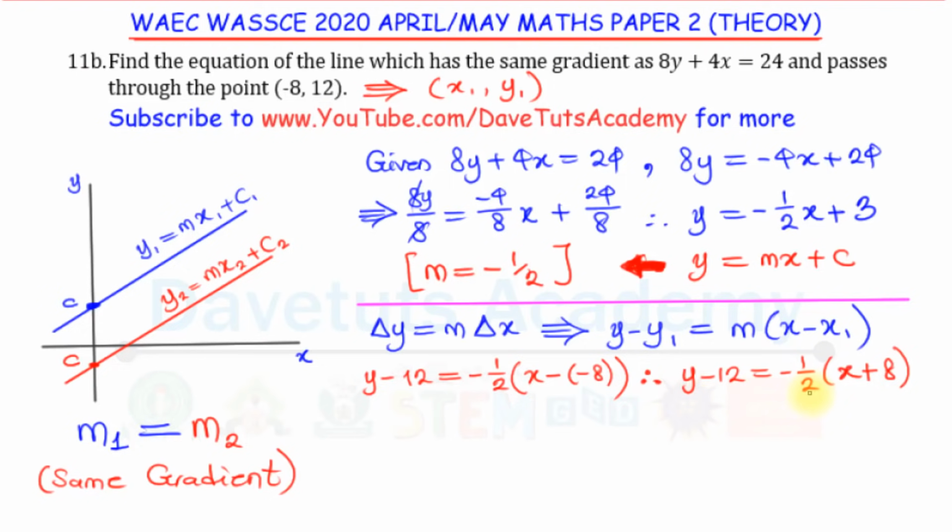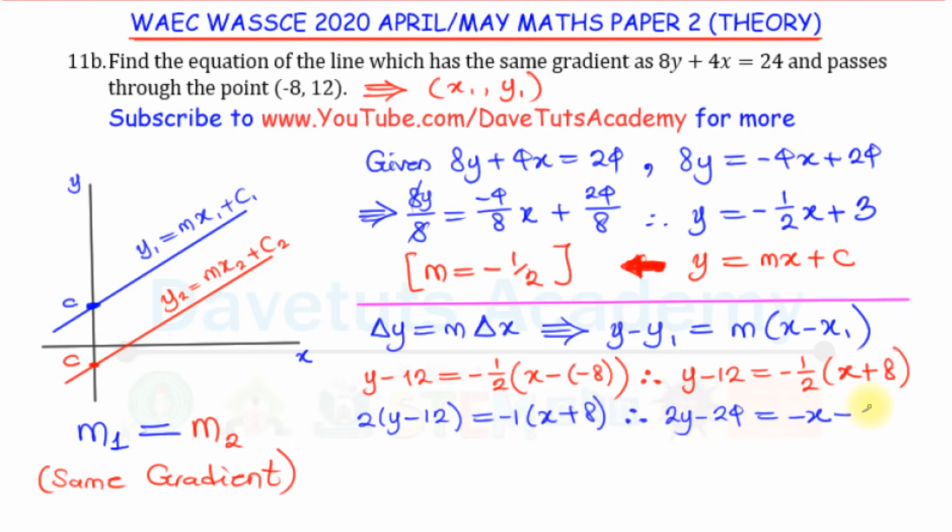These two at the denominator can be used to multiply the whole left hand side. So we are going to have something like 2 into y minus 12 is equal to minus 1 multiplied by x plus 8. So again, if you expand that bracket, you can see 2 times y will be 2y, 2 times minus 12 will be minus 24 is equal to minus 1 times x is minus x, minus 1 times 8 is minus 8.